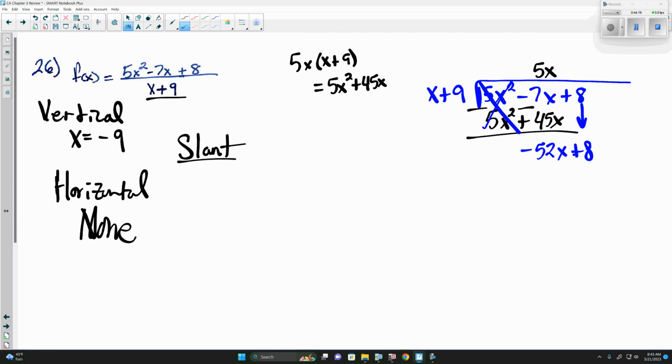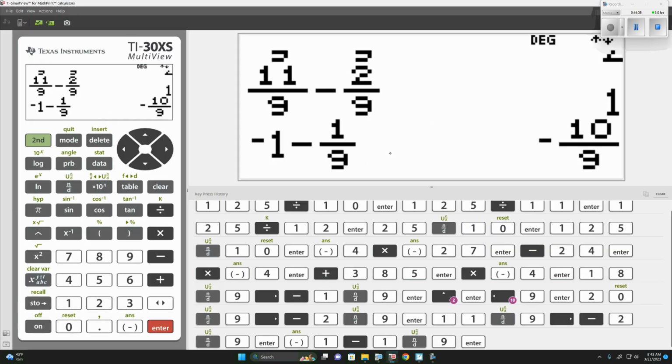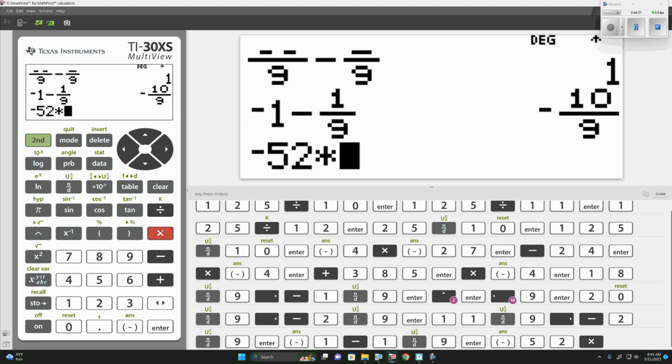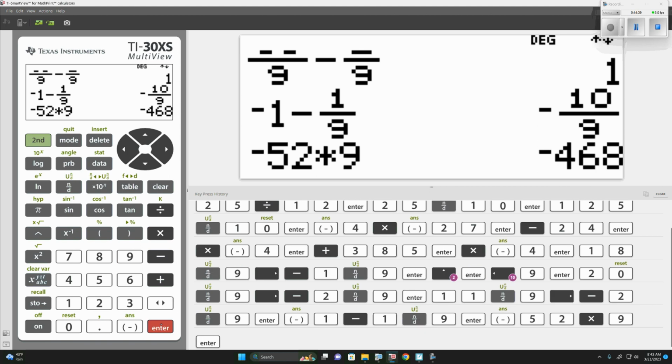Now at this point, we see what times x is negative 52x. That's going to be negative 52. So we have negative 52 times x plus 9. Negative 52 times x is negative 52x. And negative 52 times 9 is negative 468.